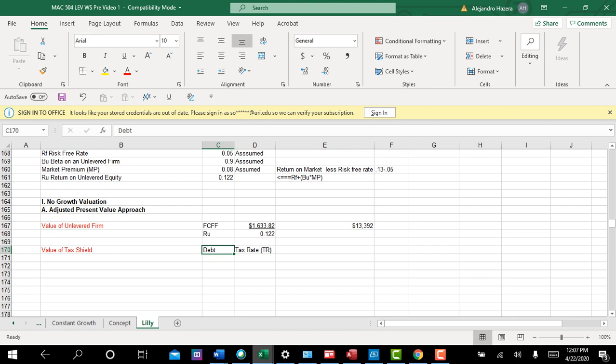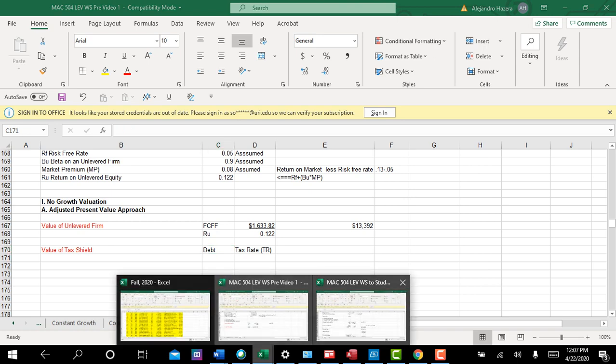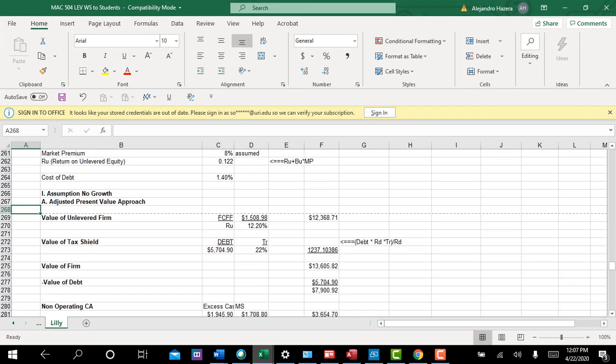Okay, and that may seem kind of strange, that you would get the value of the firm by taking the value of the debt times the tax rate, but I'll explain that in 2 minutes. Okay, so I'm just going to go here for a second to make sure that we're using the same cash flows.